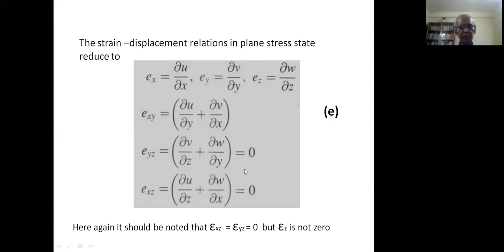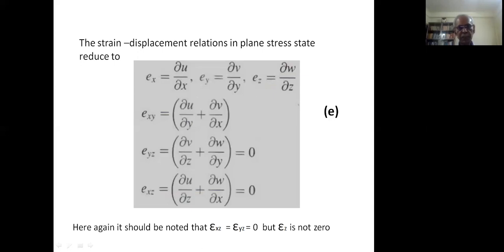So when we look at the strain displacement, we have got only 4 equations: epsilon x, epsilon y, epsilon z, and epsilon xy. Again, here you have to remember that epsilon z is not 0, because in the plane stress condition, sigma z is 0, but epsilon z is not 0. Okay?